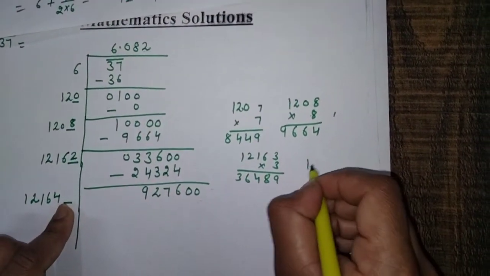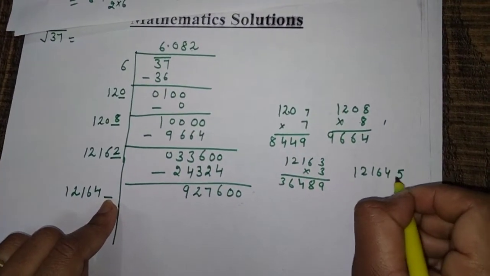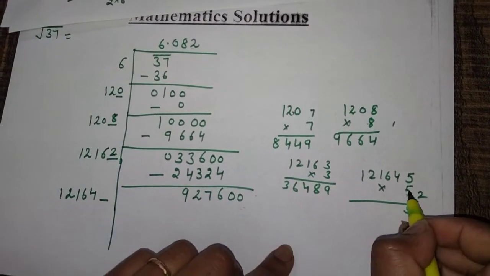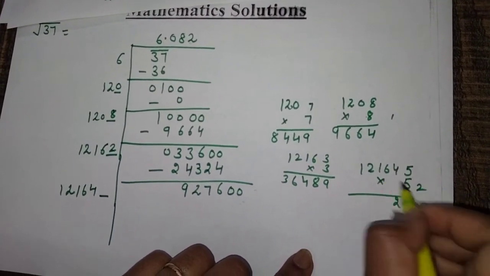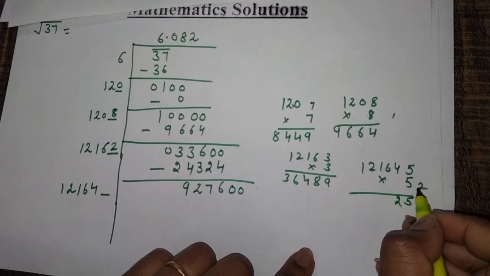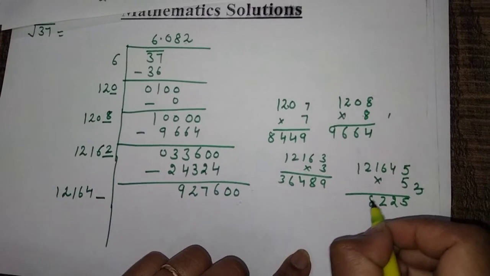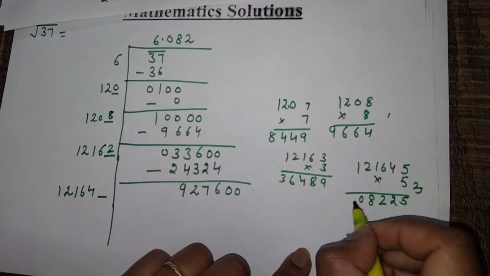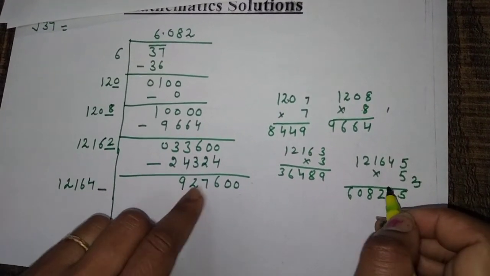Let's multiply this number with 5. 5 5s are 25, 2 and 5 4s are 20 and 2, 22, 5 6s are 30, 32, 3 here, 5 1s are 5 and 3, 8, 5 2s are 10, 5 1s are 5 and 1, 6, which is quite less than this number.